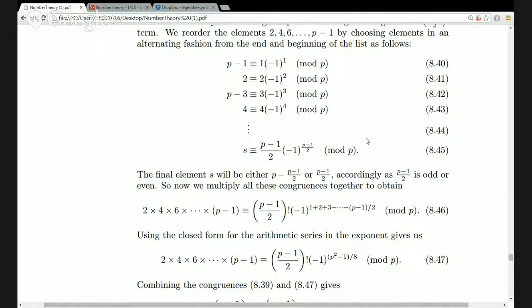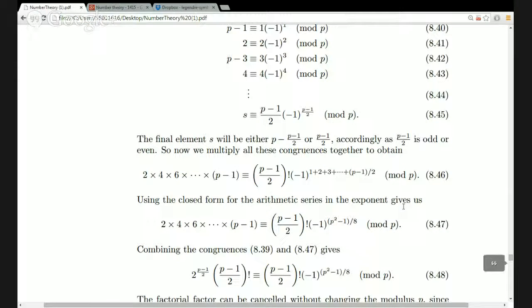Yeah? And that is p squared minus 1 over 8. That's my p squared minus 1 over 8 here. Okay? So, using a nice result from first year, just the sum of an arithmetic series, we get this exponent here.